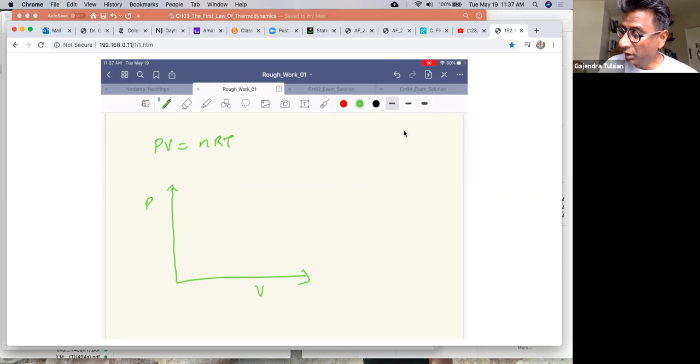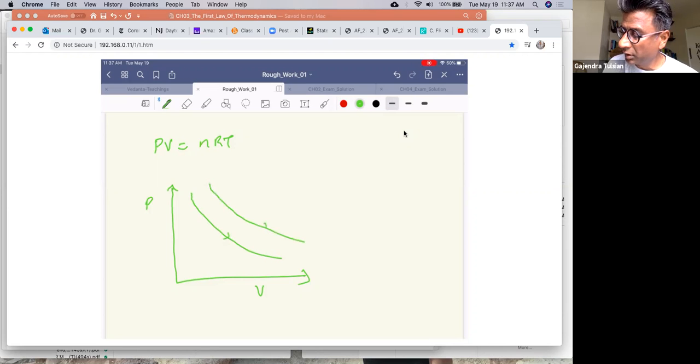Okay, so an isothermal process is one where temperature is constant, and again we're always keeping n constant, so PV equal to constant, that's a hyperbola. So this is how isotherms look.